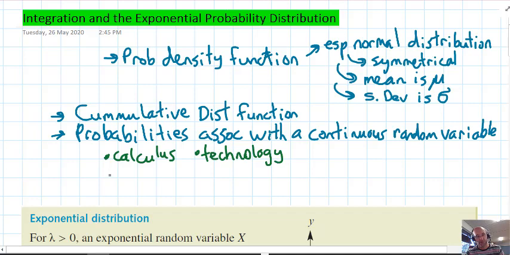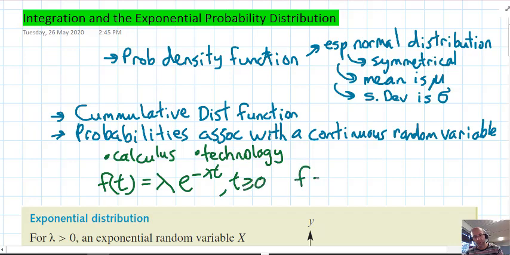And basically the important function here can be written as f of t or sometimes f of x, is lambda e to the negative lambda t, where t is non-negative. Or very similarly, it can be written as f, just replacing the t with x, which is exactly what I've done there.